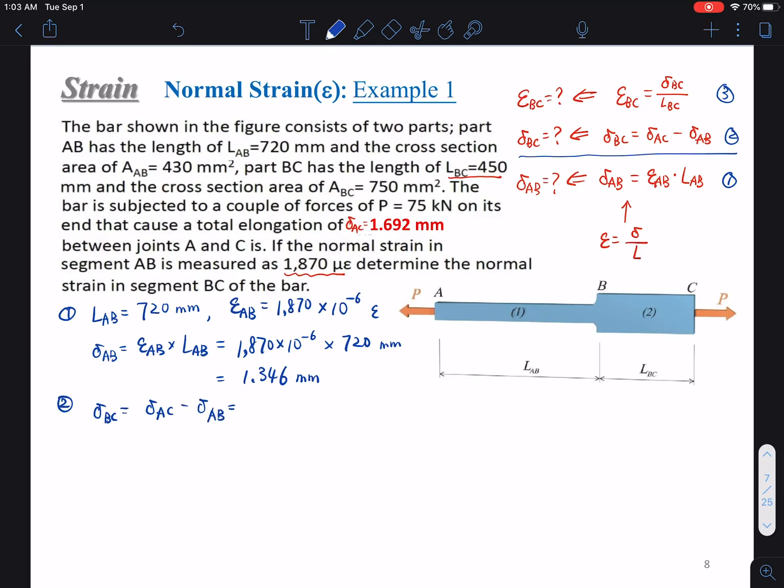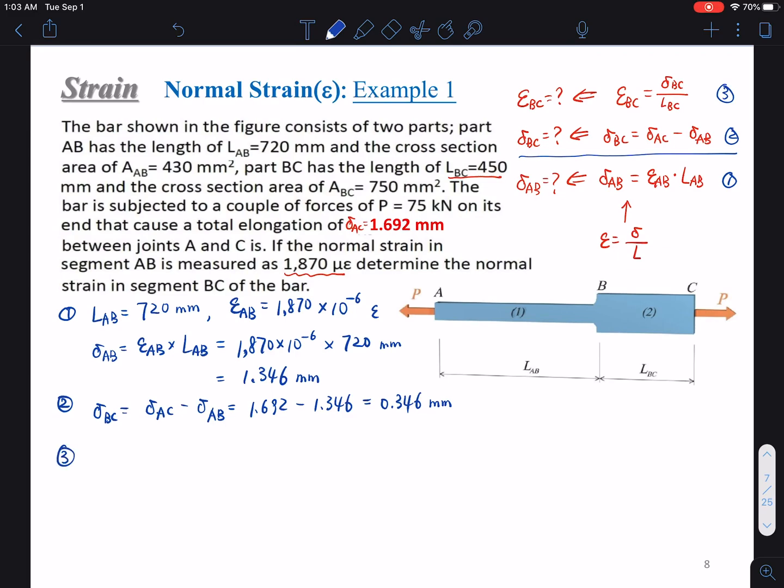Delta AC has been given, so that is 1.692 millimeter minus 1.346 millimeter. So we will get delta BC is 0.346 millimeter.